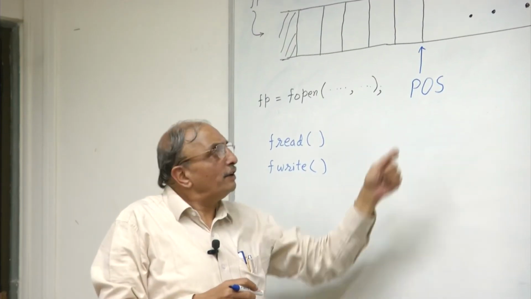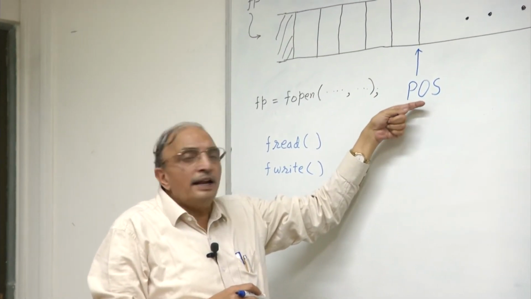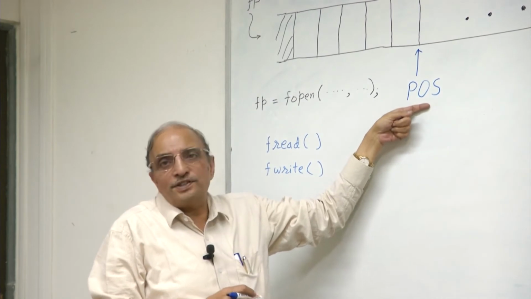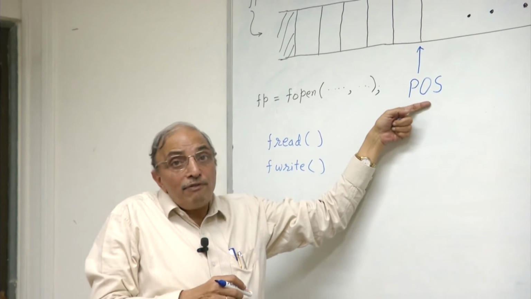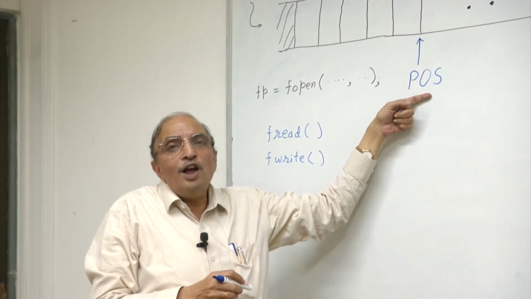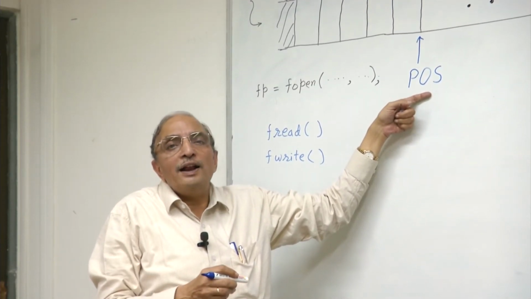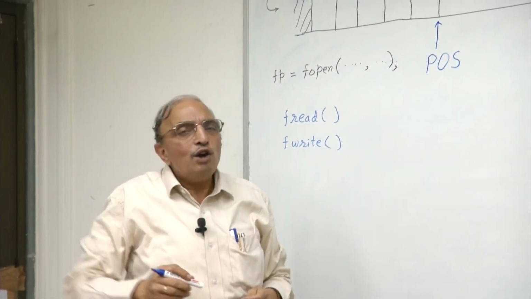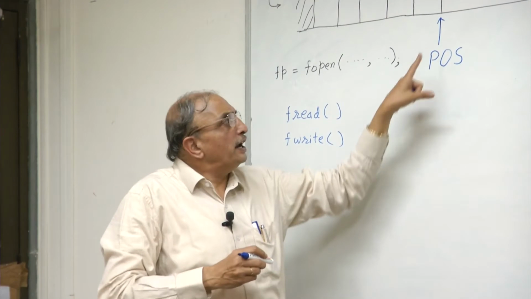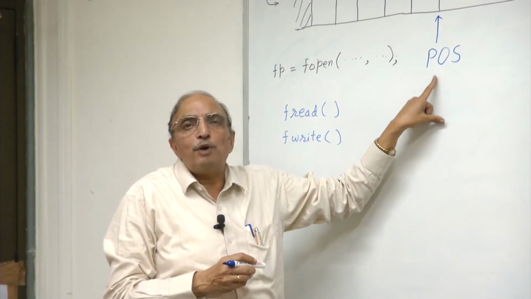We have tentatively shown here an internal arbitrary name called pos. We shall see exactly how such pos has to be handled, but if we are reading data from a text file or writing data to a text file where we read and write data sequentially, we do not have to bother about internal positioning pointers such as pos.